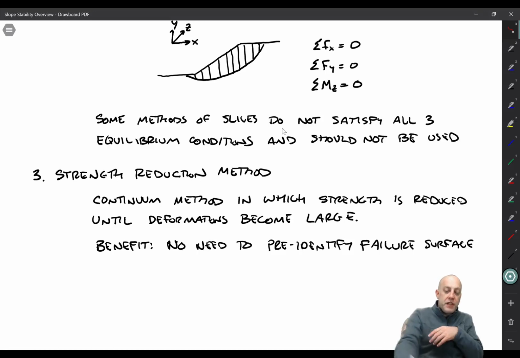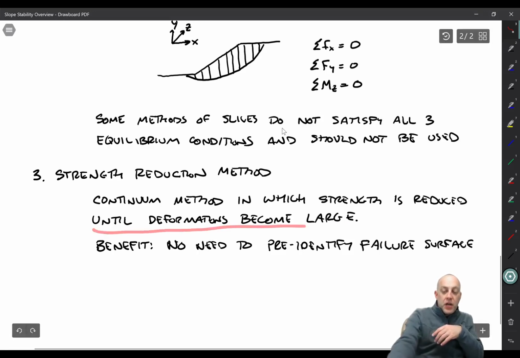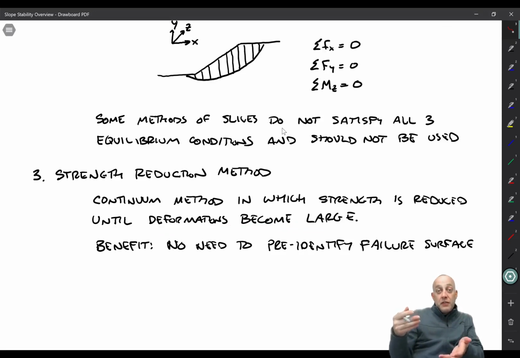And then when the deformations become too large or larger than a specified threshold, you assume that the soil is now failing and you've computed the equilibrium shear stress that way, right? So the strength reduction factor, the amount by which you have to reduce the strength, is equal to the factor of safety when you reach that condition of having too much deformation.